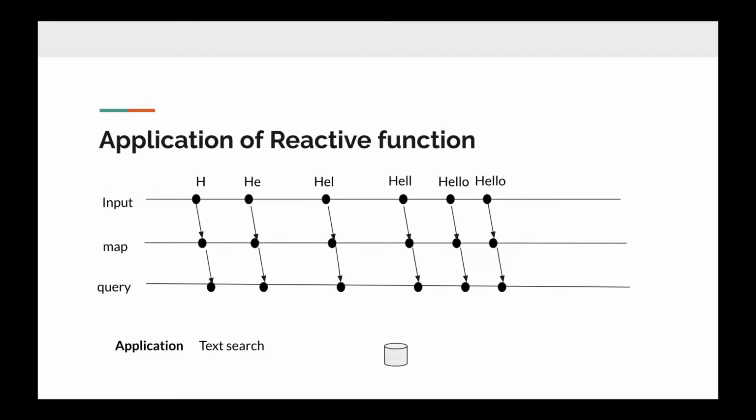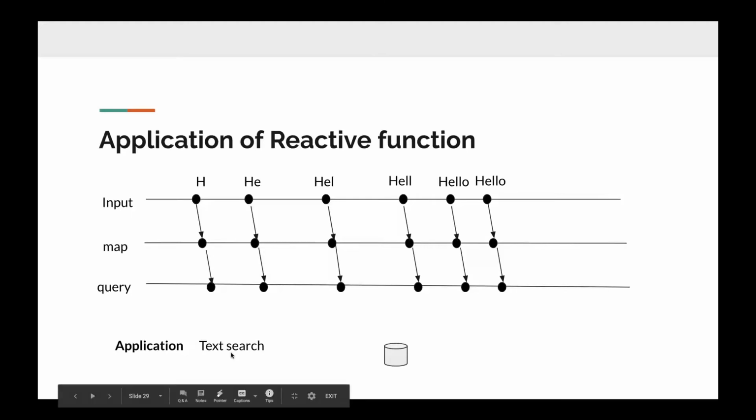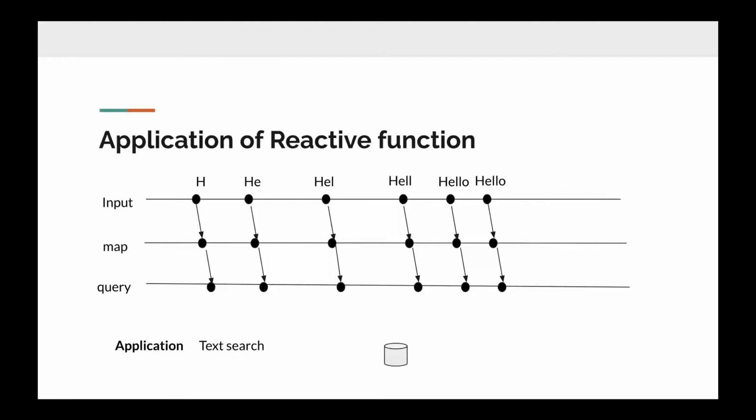Okay, applications of reactive programming. You see here, how you can write an application. Consider an application of text search. Okay, so Google, right? If you're typing H, it will give you a list like hello world or hippopotamus or something, right?